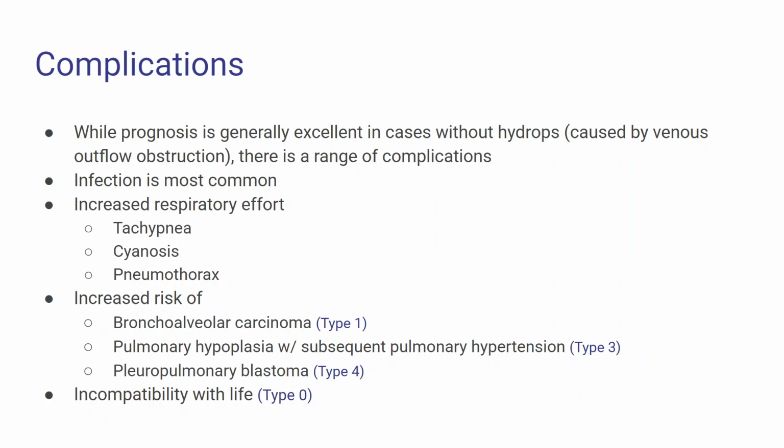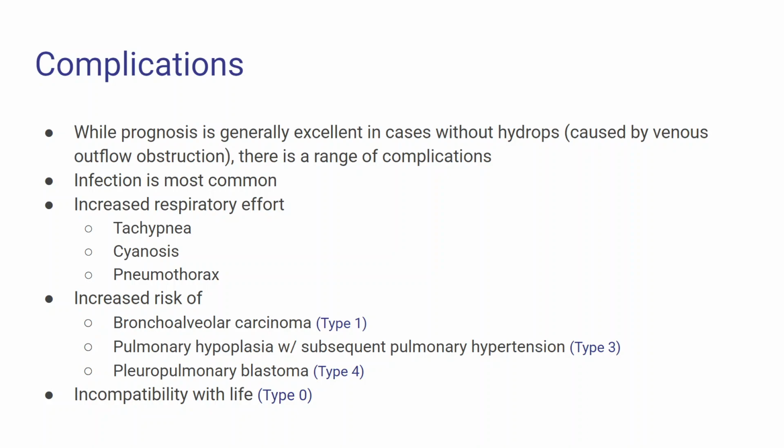If there is a hyperplasia or the lung mass is contributing to a mediastinal compression, what this does is it increases central venous pressure, and this decreases venous return, and it causes the development of the hydrops. We also will have, following the CPAM, this will contribute to infection very commonly.